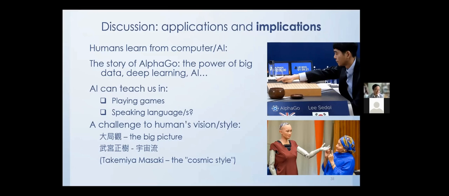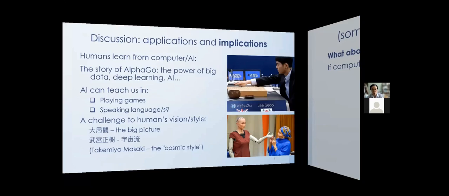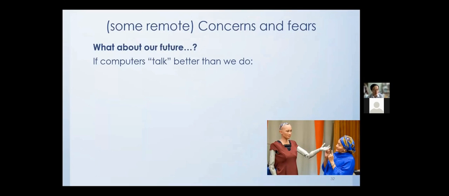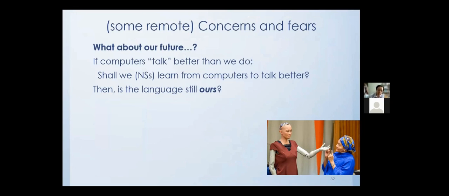In terms of language, it seems that a robot can speak language very well, and they can perhaps be better language tutors than a lot of language tutors. Then what about the future? If Google knows better than what we know about ourselves, and if computers talk better than humans, shall we learn from computers in terms of talking?